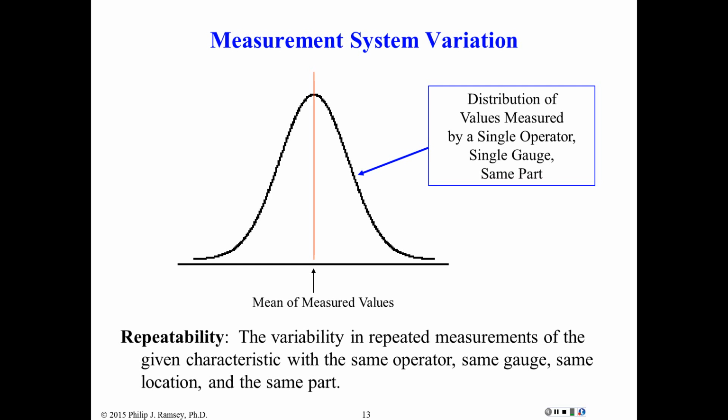And repeatability indicates the total distribution of measurements you would get if you repeatedly measured a unit under exactly the same conditions, hence repeatability. So we often think of it as a fundamental measure of precision. So a repeatable system is one in which, upon taking repeated measurements of a unit, you get very little variation among the set of measurements. In other words, this normal distribution would be very, very tight. Okay, so that's repeatability.